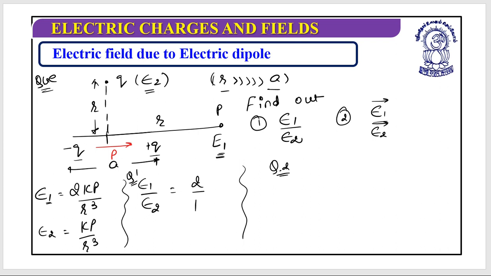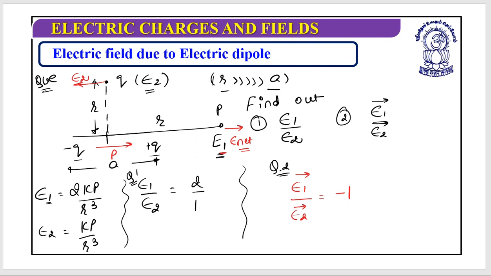So the direction of E net for E1 is in this direction, while the direction of E2 is in this direction, opposite to the dipole moment p. So I should write E1 to E2 equals minus 2, because both are in opposite directions.